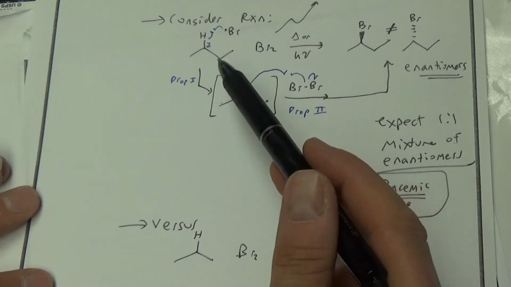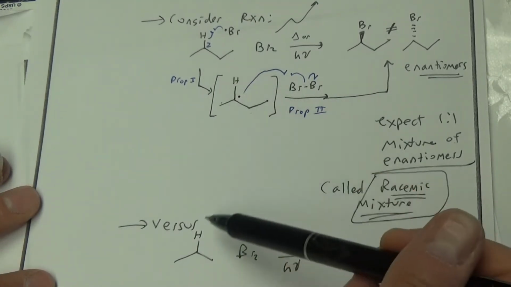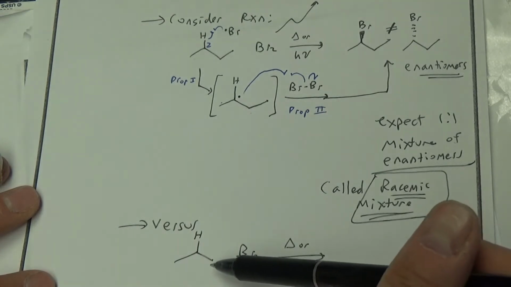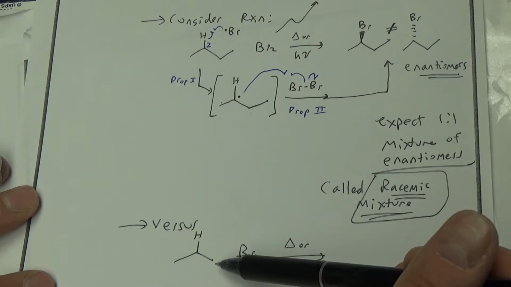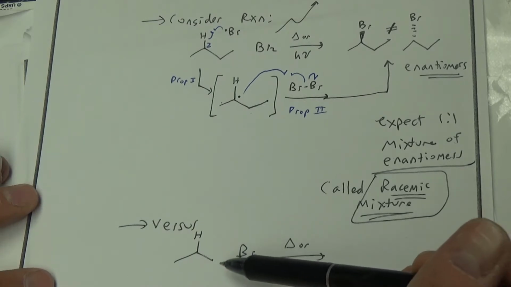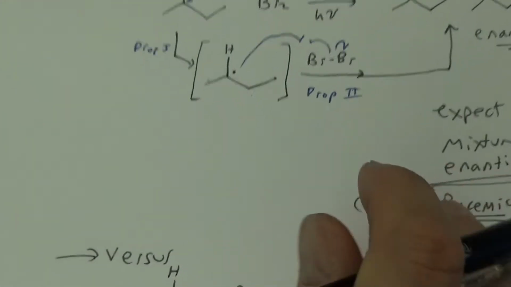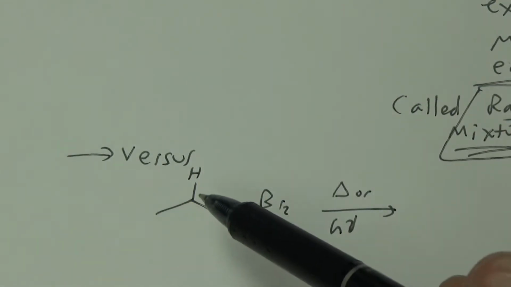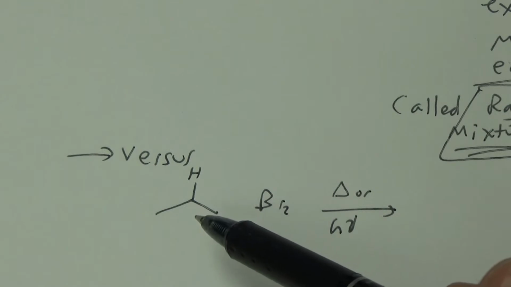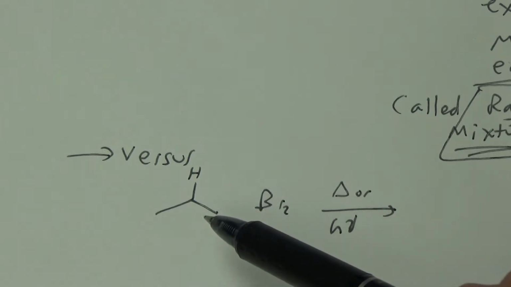It also has a massive preference for internal bromination due to the 1 to 80 to 1700 rule. How many products are there of this reaction? There's two. It's either going to go on the ends or it's going to go in the middle, but the middle is vastly preferred because of the 1 to 80 to 1700 rule, right?